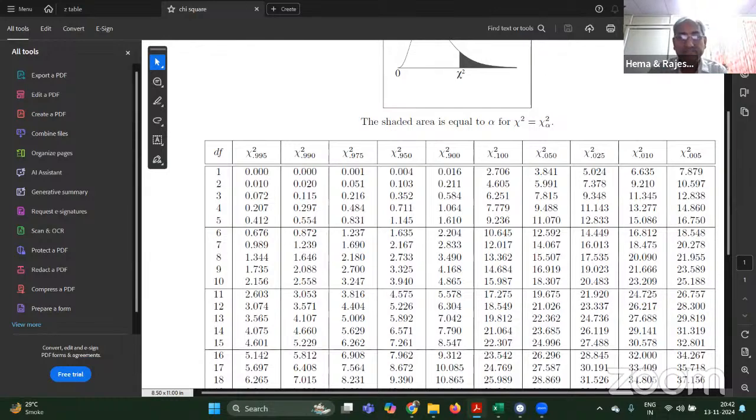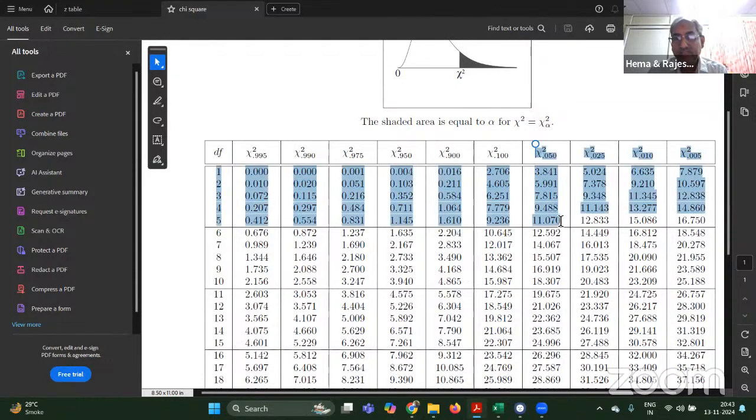Can anyone tell me? This is degree of freedom 10. Look at the chi-square value 20; it comes over here. The p-value is 0.025. That means the p-value is less than 0.05. So it is significant.